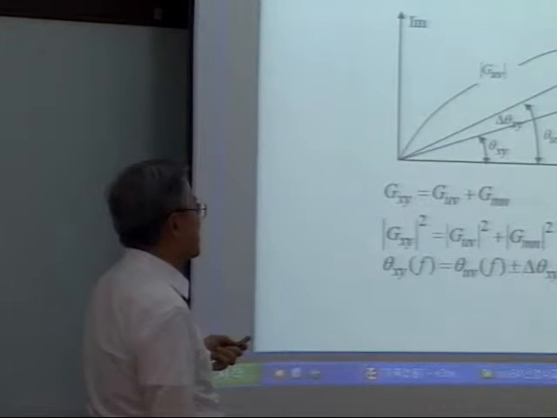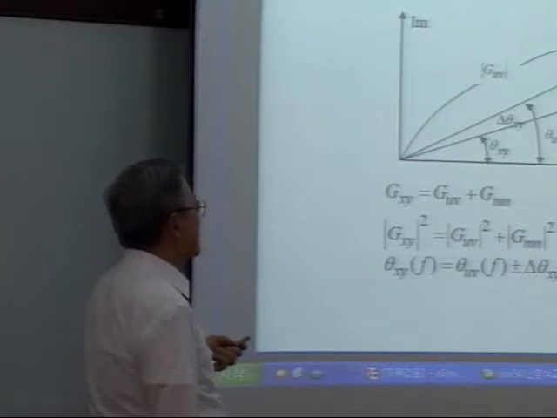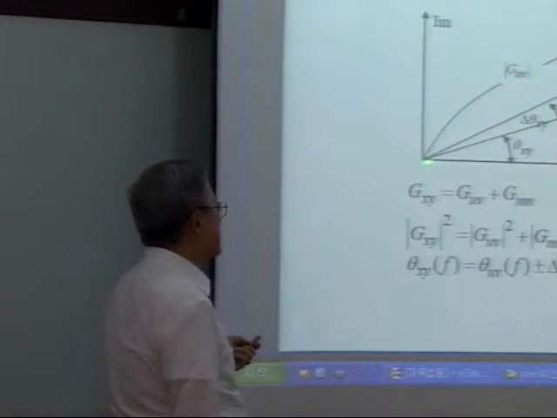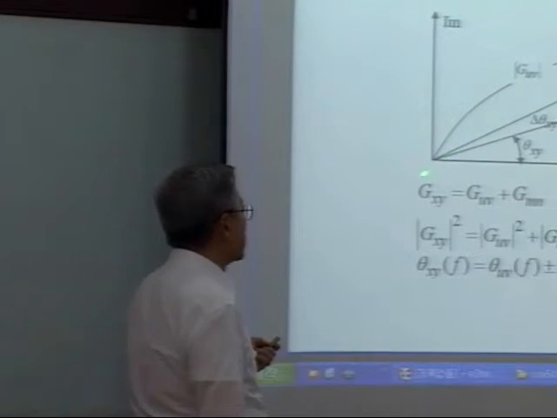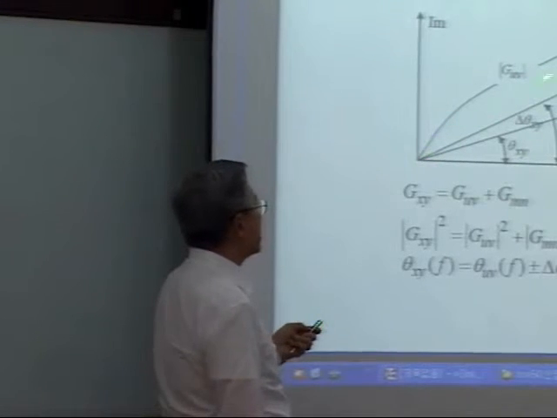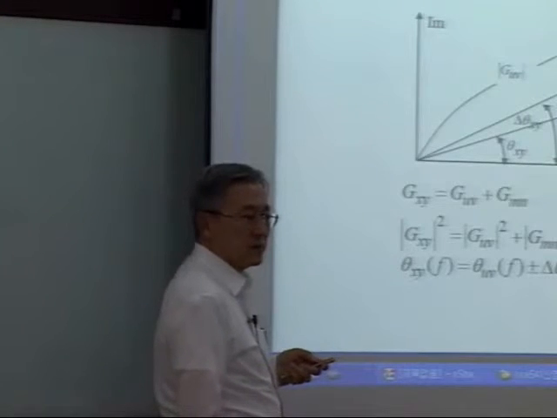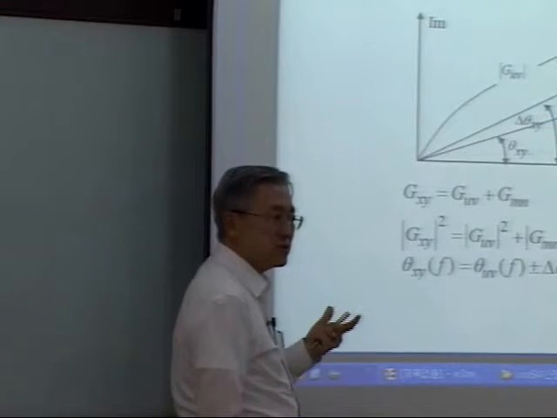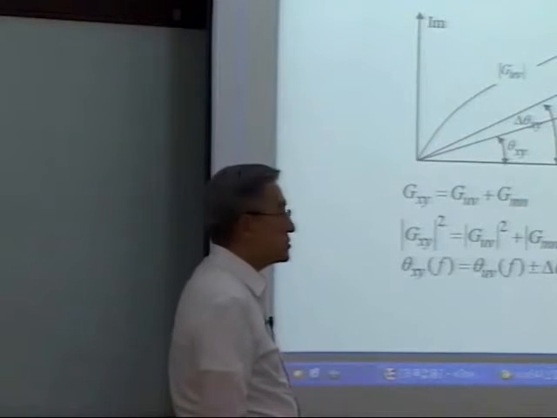So |G_UV| absolute plus |G_MN| absolute, this is G_MN, or this could be G_MN. The resultant vector in the complex domain is the line connecting from here to here, or here to here. That's another kind of extreme situation, G_UV plus G_MN absolute.